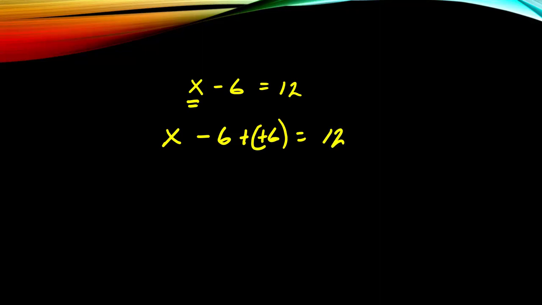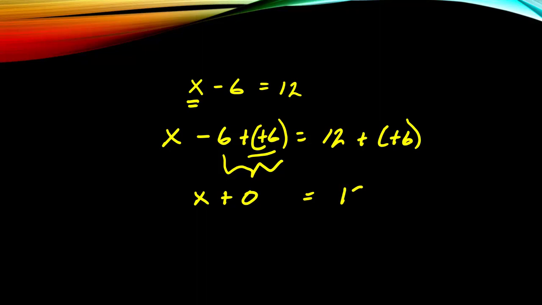12 on the right-hand side of the equal sign. We added a positive 6 over here, so we have to add a positive 6 on the right-hand side. You recognize this as the additive inverse. That's a 0. So we have x plus 0 equals 12 plus 6 is going to be 18.